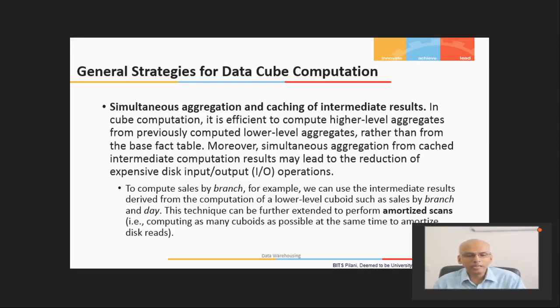Similarly, considering that most of these servers come with multiprocessing capabilities and the ability to run simultaneous processing, many of these data warehouse or OLAP solutions are smart enough that they can parallelize the operations in order to get the benefit of the multiprocessing systems. So there is an opportunity for simultaneous aggregations in several situations.